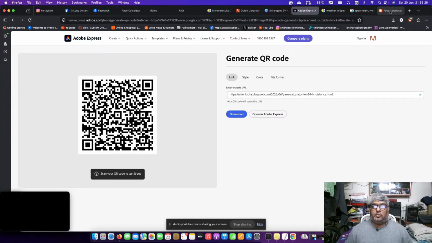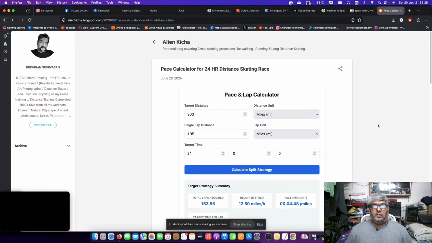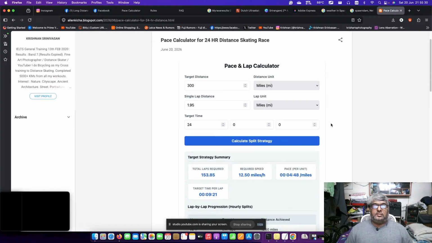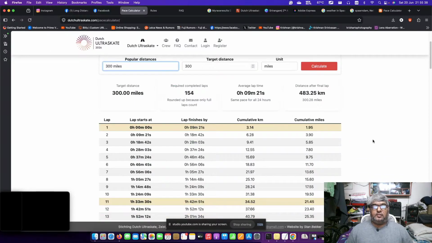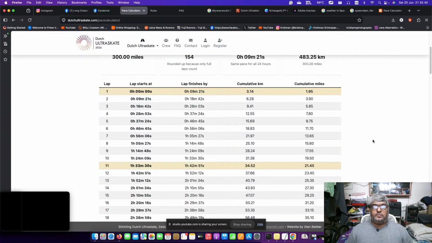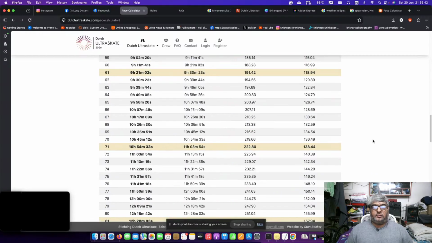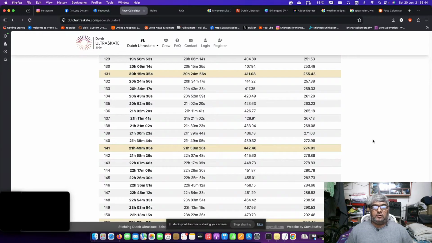Let me quickly explain the web app. It's a pace calculator. When I saw the old pace calculator, it lacked the speed information that is needed for us, or I didn't take a proper look at it.